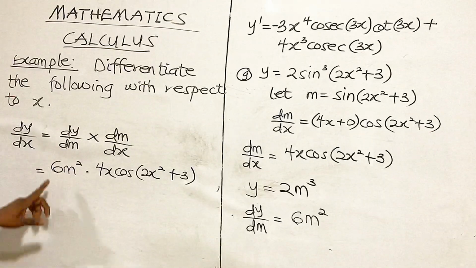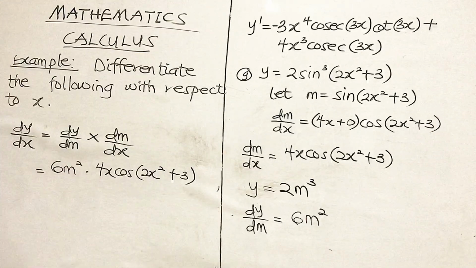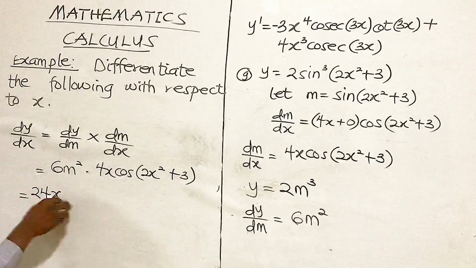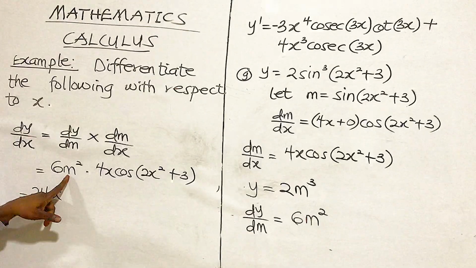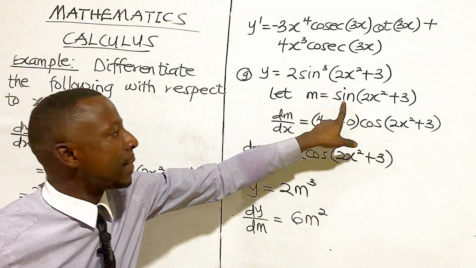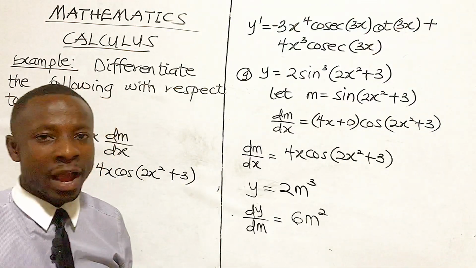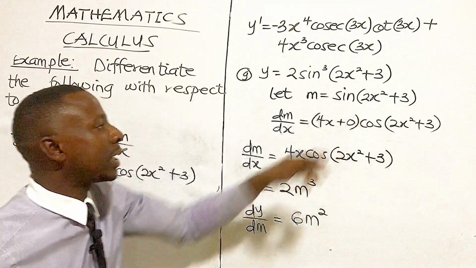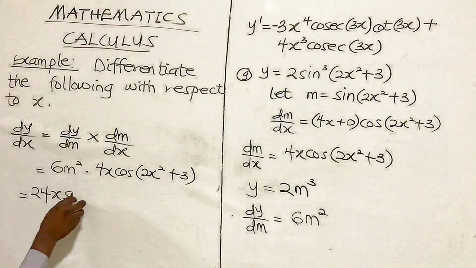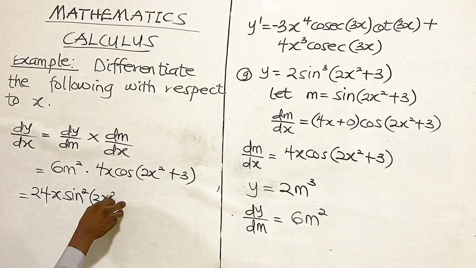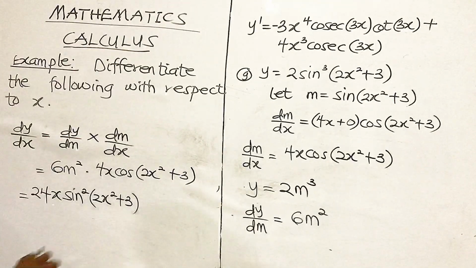But before that, 6 times 4x, we are going to get 24x. And what will follow is the m squared. But from here, my m is sine of 2x squared plus 3. So when I put the squared there, I'm going to get sine squared of 2x squared plus 3.